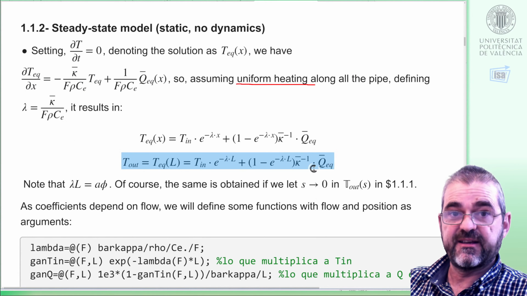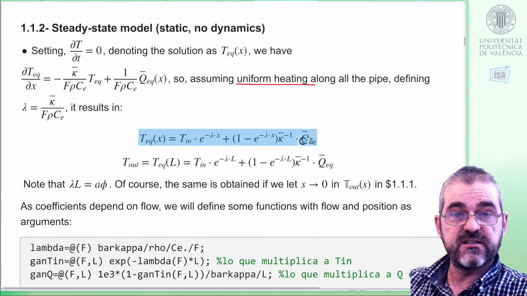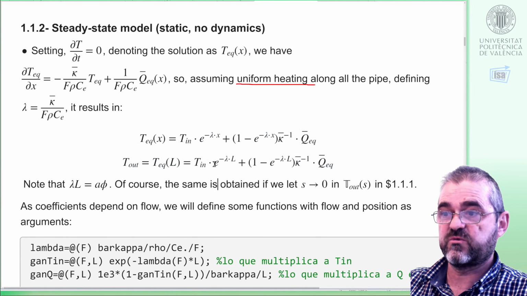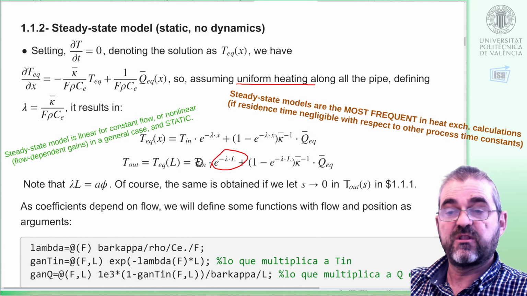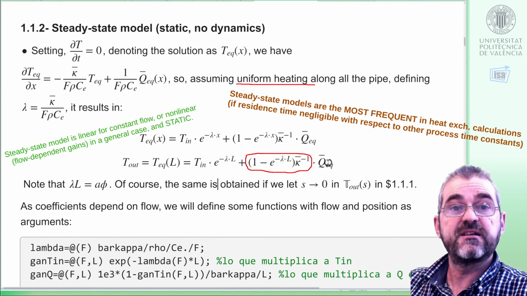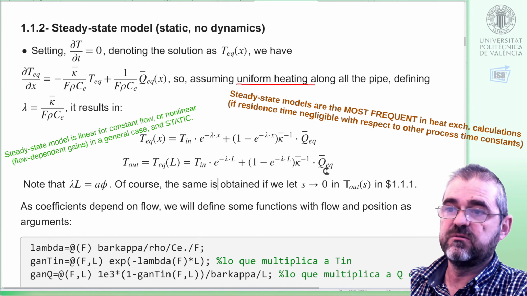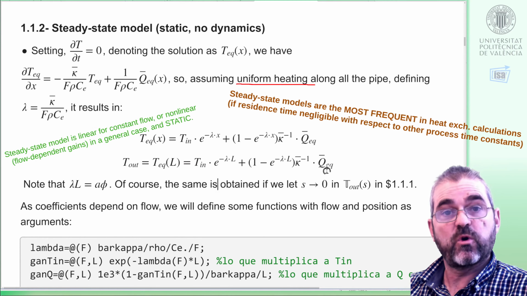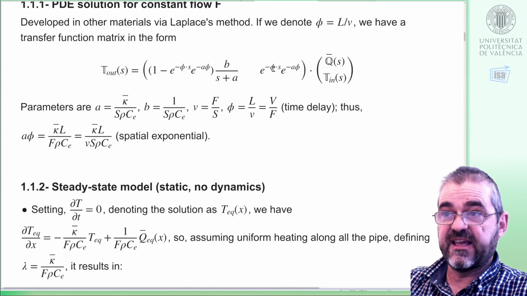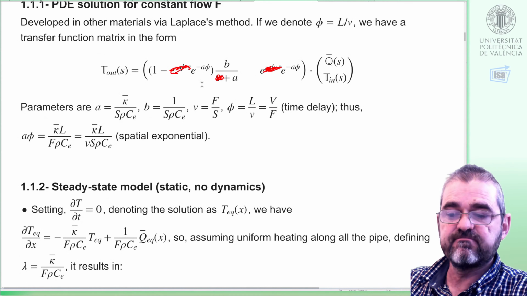So when thermal equilibrium is reached, the temperature profile along the pipe will have this expression, and the outlet temperature will have this expression in which we have a static gain that multiplies the inlet temperature and another static gain that multiplies the heating power per unit length. So this two-gain model is the linear approximation for constant flow in equilibrium. Of course, it's coincident with setting s to 0, so these exponentials are unity in the Laplace transform representations.